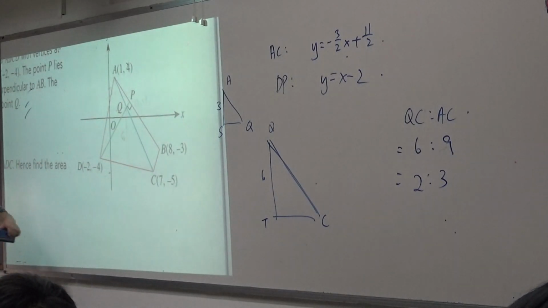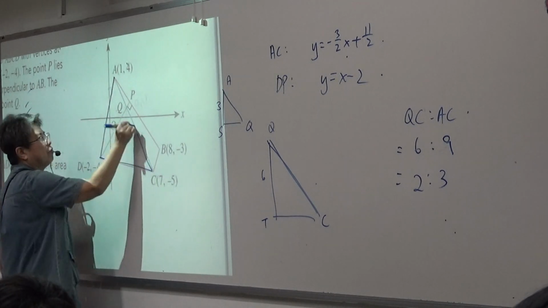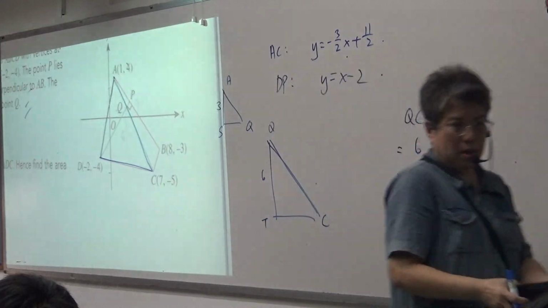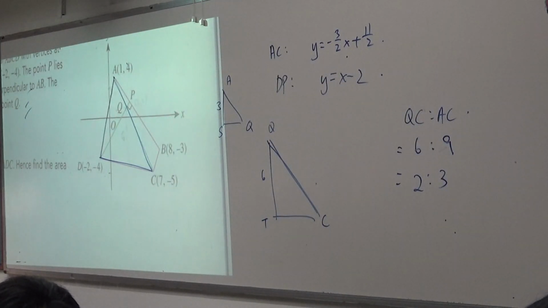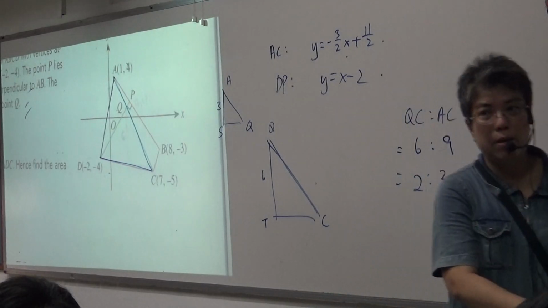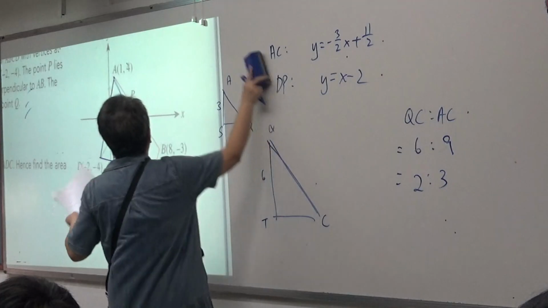They want you to find the area of triangle ABC. Is that right? Wait, I'm talking to you. Can or cannot? Okay, I use the shoelace method. All of you look up. I'm ending soon. Then after that, I will help you with your homework.